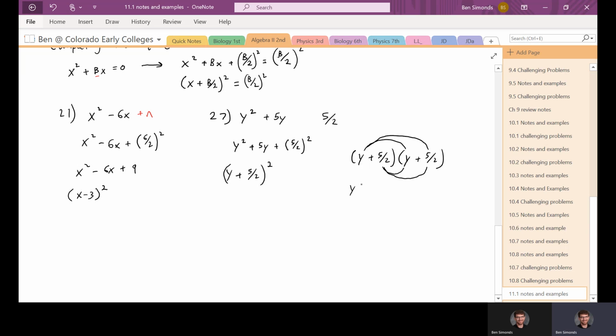So y squared plus 5 over 2 y plus 5 over 2 y plus 5 over 2 squared, which equals y squared plus 5y plus 5 over 2 squared.